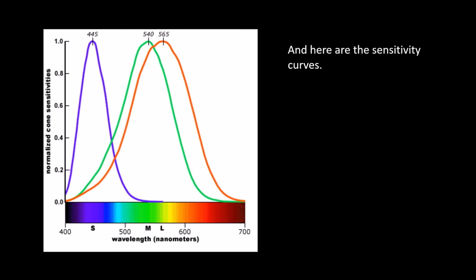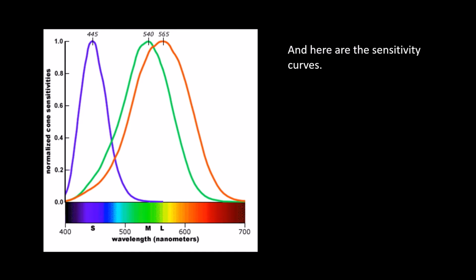And you can see that what that's going to mean is that you're going to get strong stimulation of the short wavelength receptor and of the middle wavelength receptor, but it's the long wavelength one particularly that's going to get less stimulation than it would do from white light.